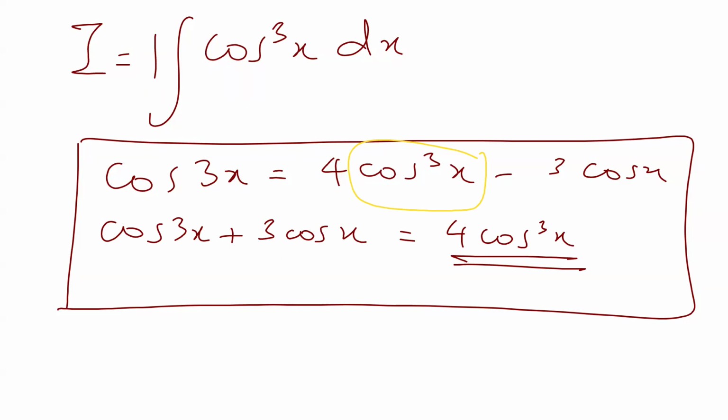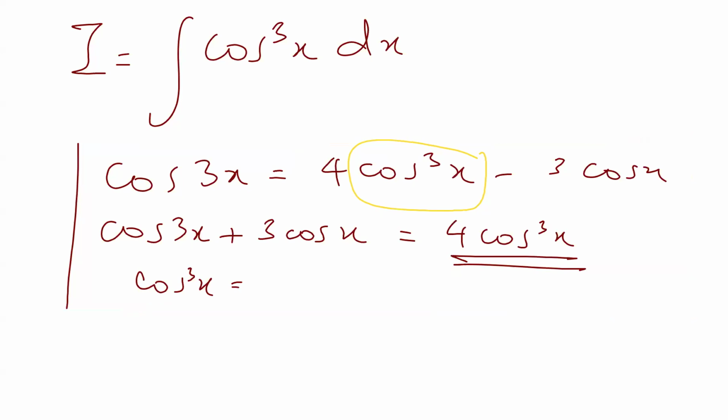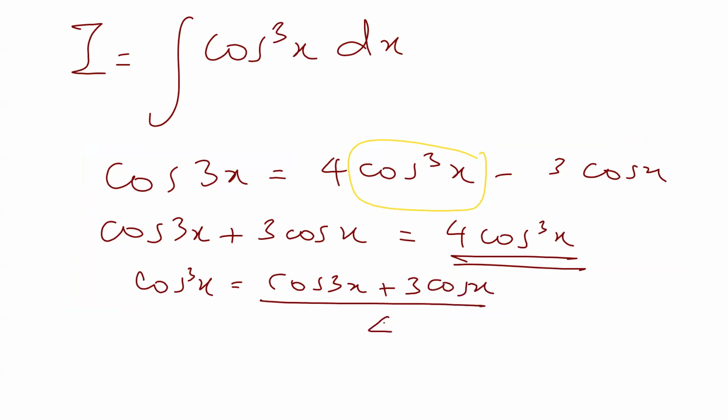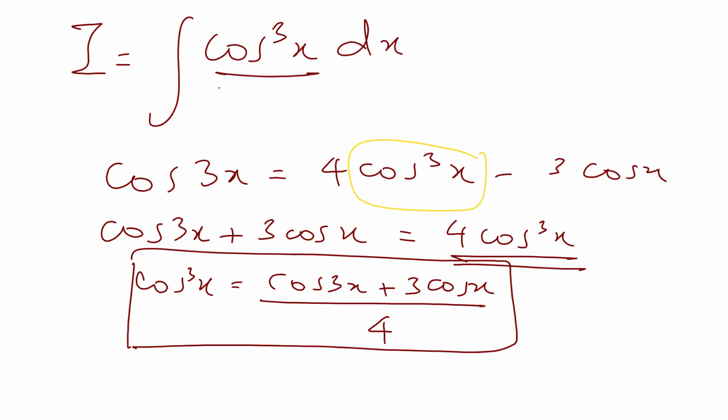Those who don't want to do this can just find out the value of cos cube x. So what is cos cube x? Cos 3x plus 3 cos x upon 4. Okay. So we got the value of cos cube x.